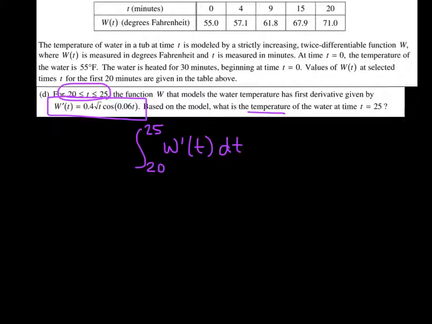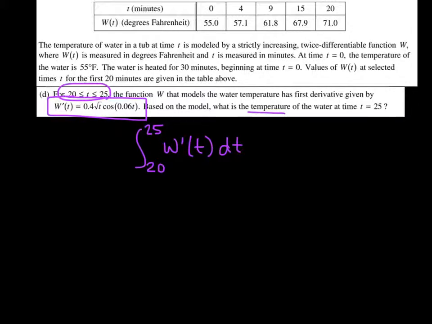So in this case, that's the total change in temperature over this specific time interval, 20 to 25 minutes. So this is telling me how much the water temperature has changed in these 5 minutes. That is not going to give me the whole temperature at 25 minutes. It's only going to tell me how much it's changed in those 5 minutes.